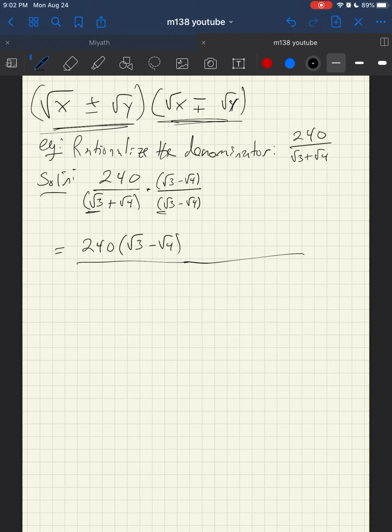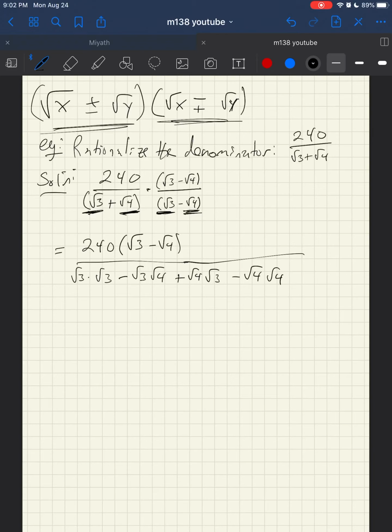First, root 3 times root 3. Outer, root 3 times negative root 4, so minus root 3 times root 4. Inner, root 4 times root 3, so plus root 4 times root 3. And last, root 4 times negative root 4, so minus root 4 times root 4.